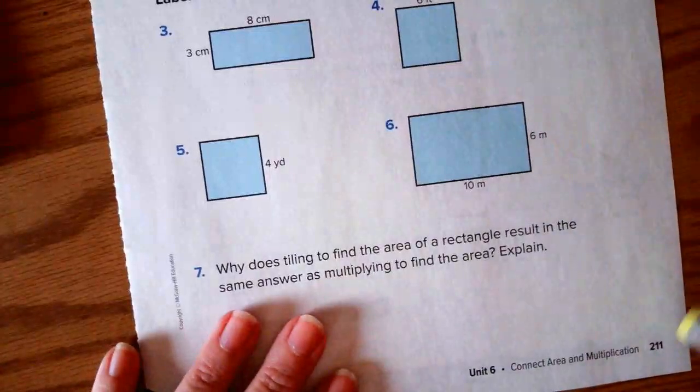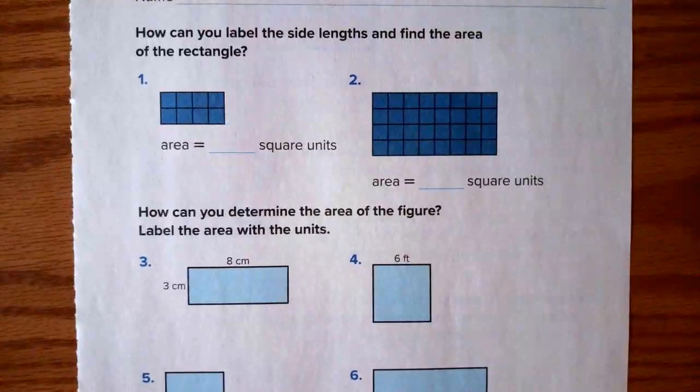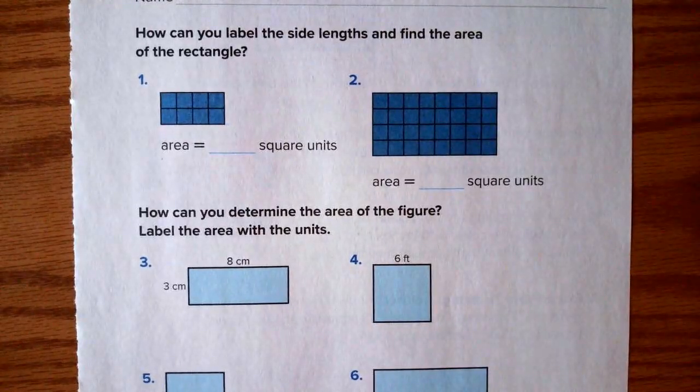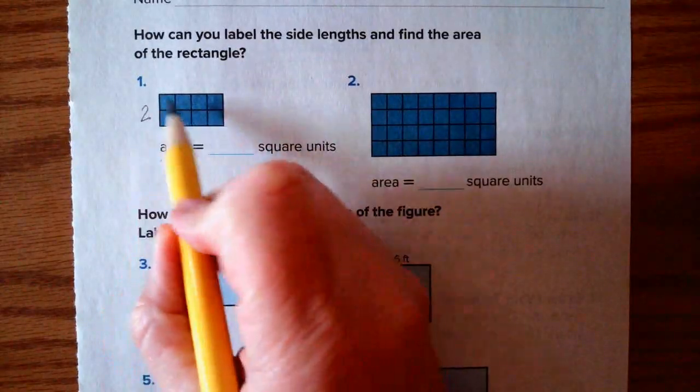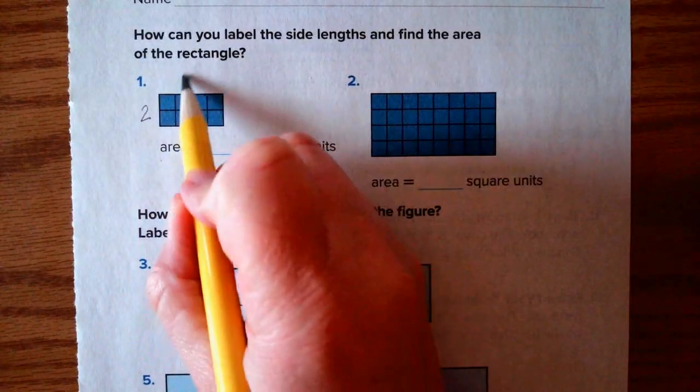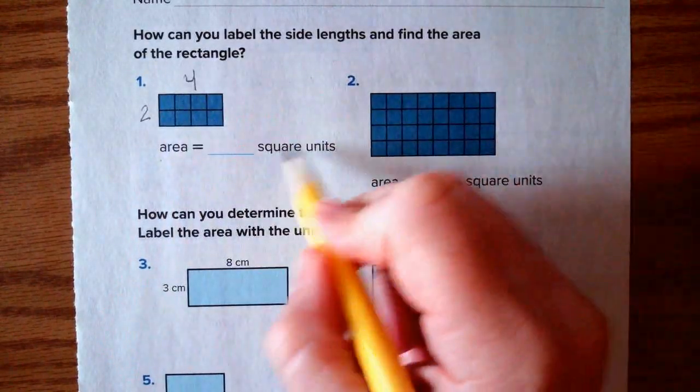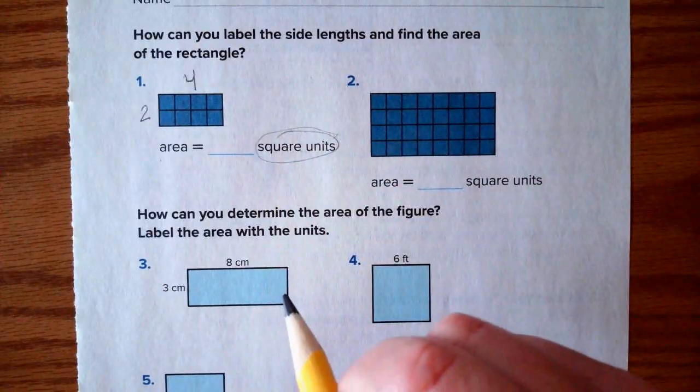So we're on page 211. Pull this back here. How can you label the side lengths and find the area of the rectangle? So there's 1, 2, 2 on this side, 1, 2, 3, 4, 4 on this side. See, they already have the units being square units.